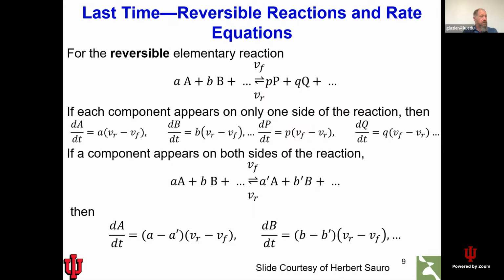And you do that systematically. If the component appears on both sides, then you have to multiply that V reverse minus V forward by the number that you destroy, which is a on the left-hand side, minus the number you create, which is a on the right-hand side.